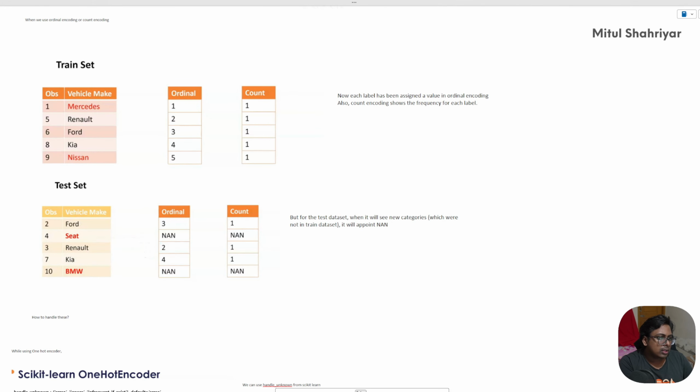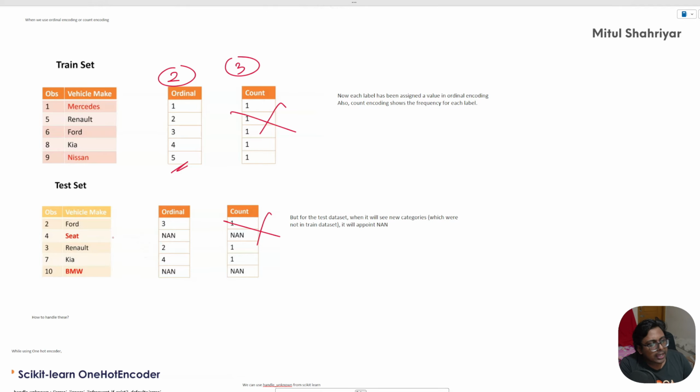So again, the other 2 techniques, ordinal encoding and the count one. If we use the ordinal encoding, obviously it assigns some number to each string. You can see Mercedes is 1, Renault is 2, Ford is 3, Kia is 4, Nissan is 5. No problem. Just don't bother about this for now.